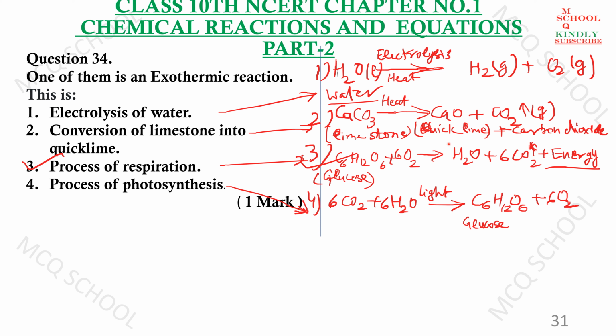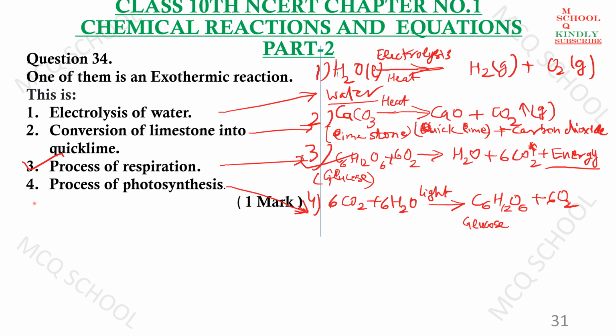So this is also a sort of endothermic reaction. Third, the process of respiration. In this, glucose reacts with oxygen to form moisture and carbon dioxide, and heat is generated, energy is provided. So in the process of respiration, a person after taking food gets energy.